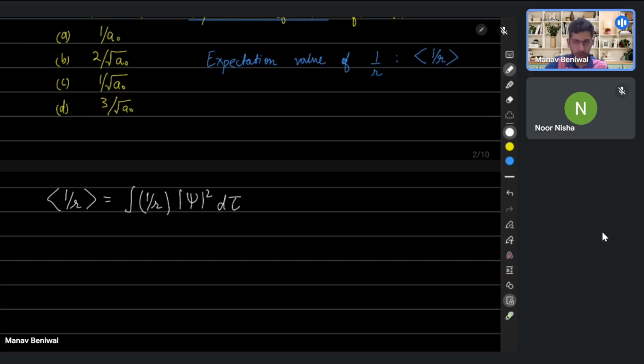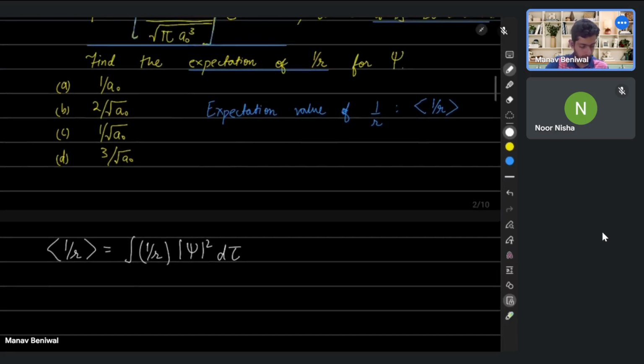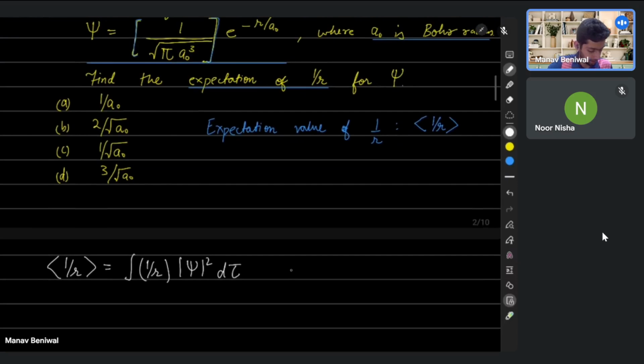Okay, now psi is already given to us. Let's write psi here. Our psi is under root 1 over pi a naught cube, and then we have exponential minus r by a naught.